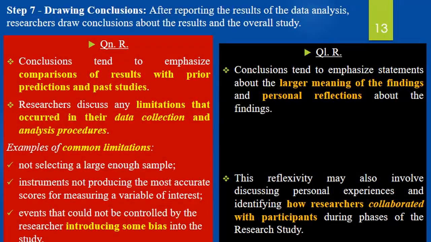Therefore, reflexivity means that the researchers reflect on their own biases, values, and assumptions and actively write them into their research. This reflexivity may also involve discussing personal experiences and identifying how researchers collaborated with participants during the different phases of their qualitative studies. Now the final step.